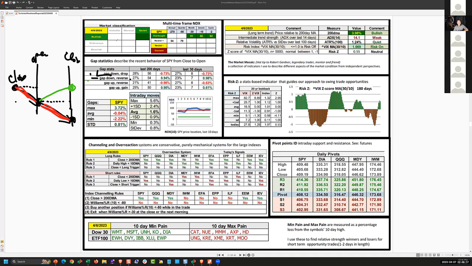The next thing it could do is it could gap up, meaning that it gaps up to here. But then it closes lower.